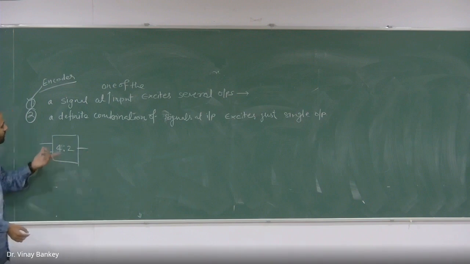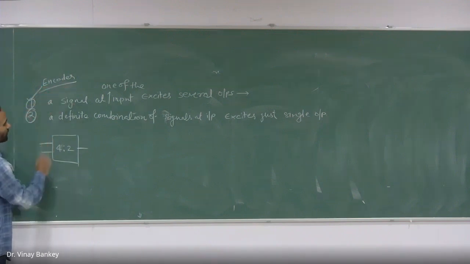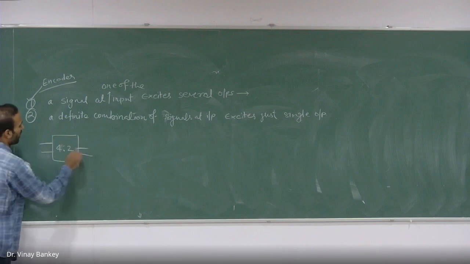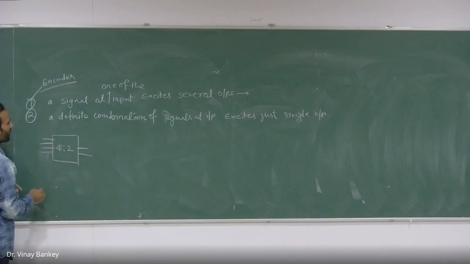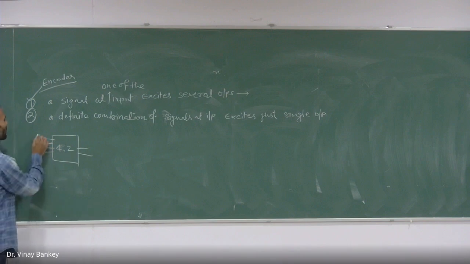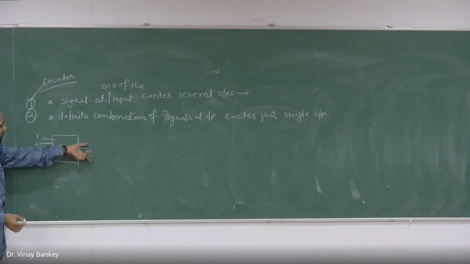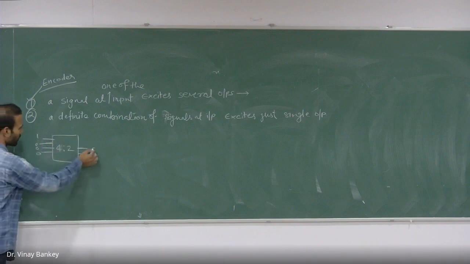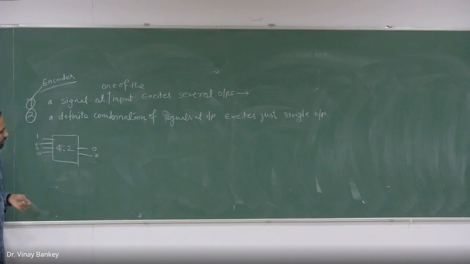So now tell me, is it satisfying the encoder operation? A signal at one of the input excites several outputs. So now you have here 1 0 0 0. So what will be the output here? 0 0. Exactly. It means a signal at one of the input excites several outputs.